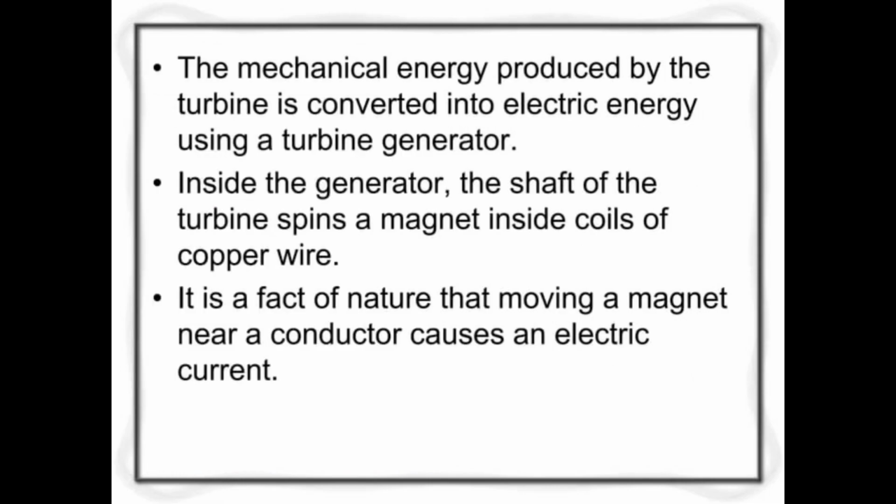The mechanical energy produced by the turbine is converted into electrical energy using a turbine generator. Inside the generator, the shaft of the turbine spins a magnet inside coils of copper wire. It's a fact of nature that moving a magnet near a conductor causes electric current.